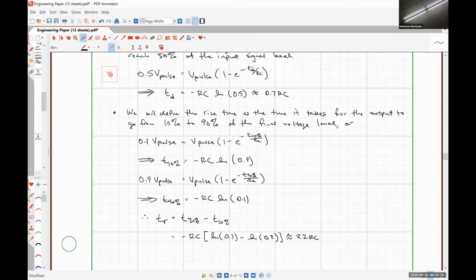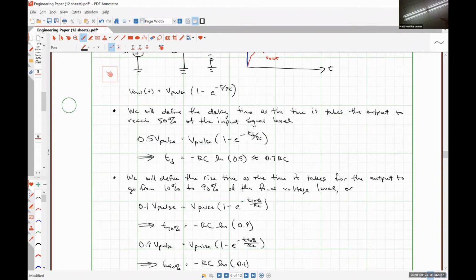All right, so these are the rise times and delay times of a simple RC circuit, all right?